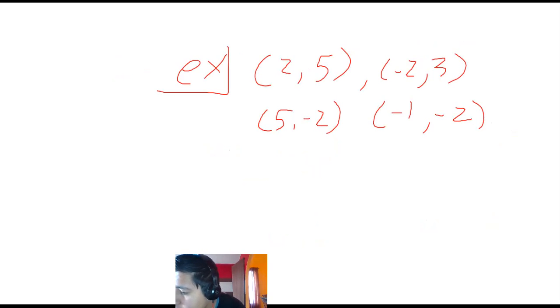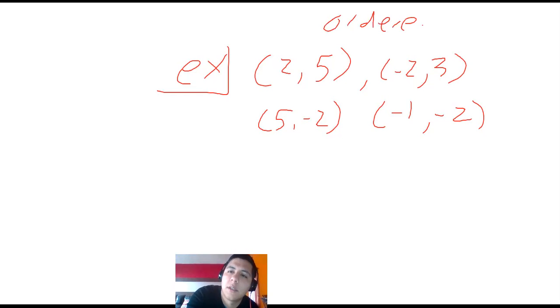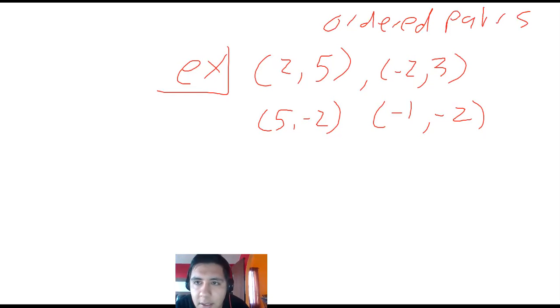Okay, so this can be an example of a relation, and again, we don't really know what we're comparing here. We just have points, which are 2 and 5, -2 and 3, 5 and -2, and -1 and -2. Now, these are examples of ordered pairs. And we'll usually see a lot of these ordered pairs.